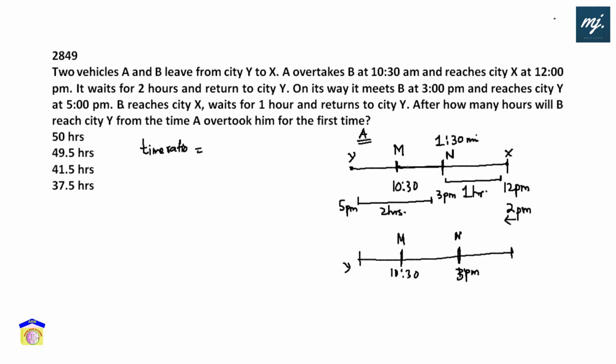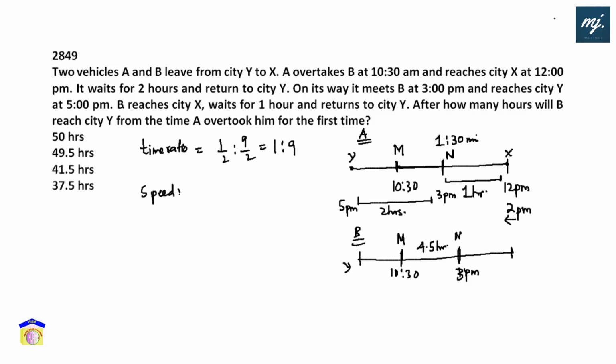This distance MN is travelled by A in half an hour. And the same distance is travelled by B from 10:30 to 3, that means 4.5 hours. That means the time ratio is half hour to 4.5, that is 1 to 9.